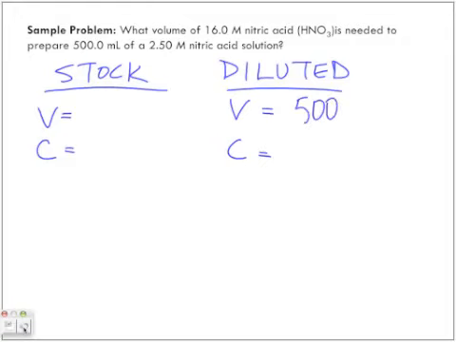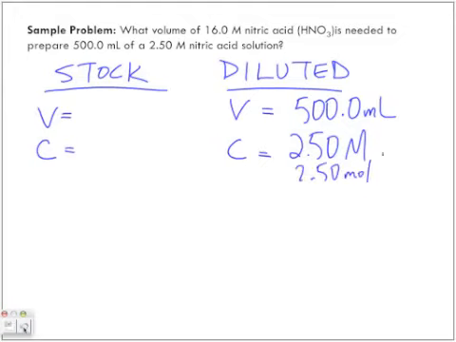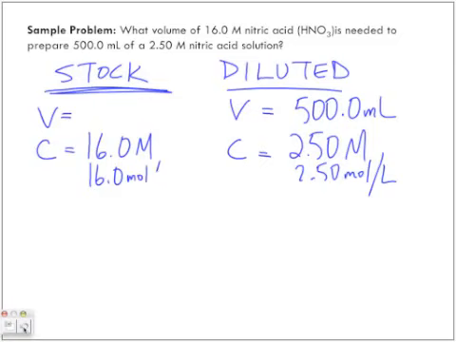So what is the concentration that we want it to? 2.50 moles per liter. Okay. Now, what information do we have of our stock system? Concentration, which is 16.0 moles per liter.